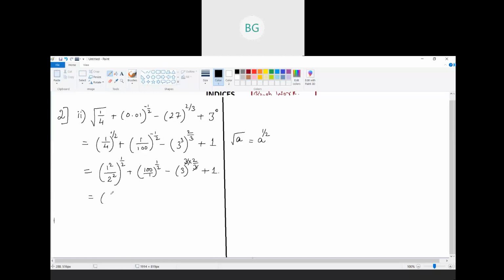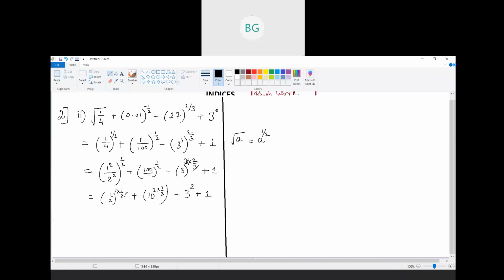So we can write it as 1 upon 2 raised to 2 into 1 by 2. Now here we can see 100 we have. 100 can be written as 10 to the power 2 into 1 by 2. Then minus 3 and here 3 got cancelled, so 2 remains plus 1.